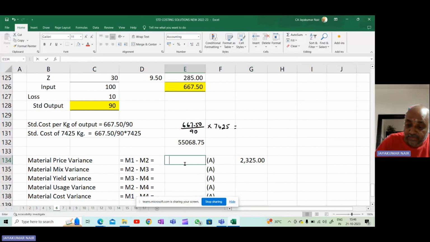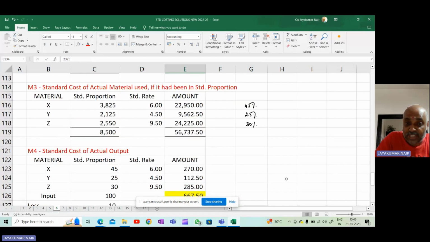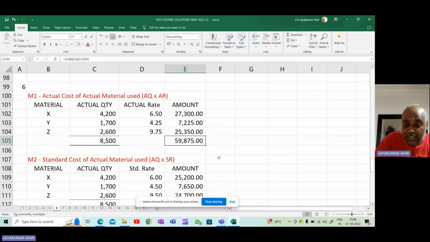When you're doing M1 minus M2, if it is positive, it is adverse. If it is negative, it is favorable. Now, for example, how do you determine? The actual cost that you have incurred is 59,875.